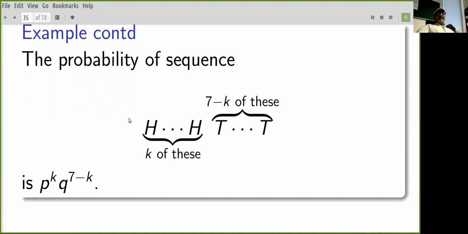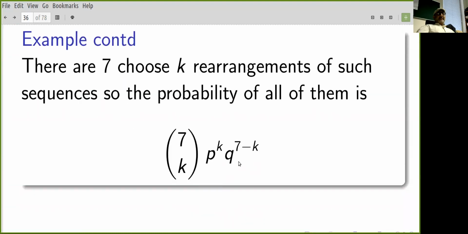And how many arrangements like this are there? I can put the H's wherever and the T's wherever, but I have to have a sequence with k H's and 7 minus k T's. Out of 7 places open to you, you have to pick k places to put your H's. So 7 choose k times p to the k q to the 7 minus k is the probability of getting k H's and 7 minus k T's in a sequence of 7 flips.